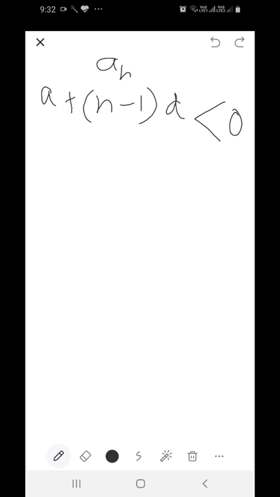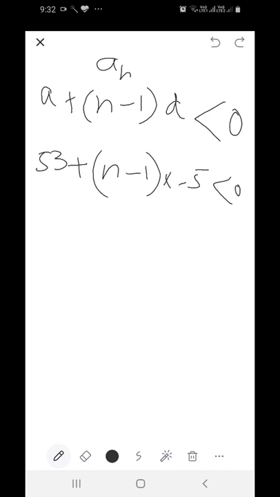Now in your arithmetic progression, a is given as 53, plus we have to find the value of n minus 1. d is given as minus 5 because 48 minus 53 is minus 5, into minus 5 is less than 0.